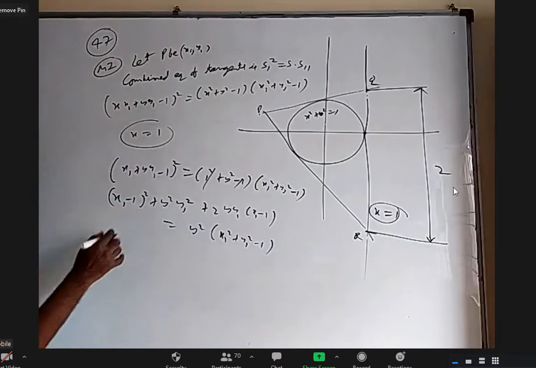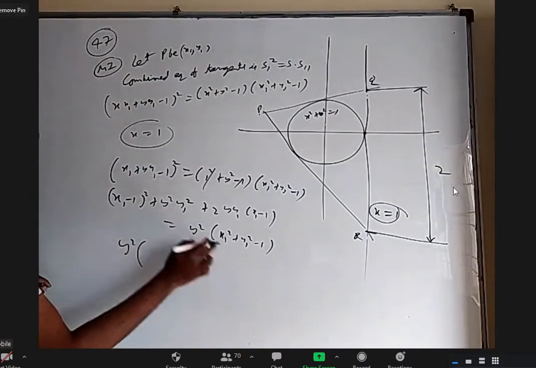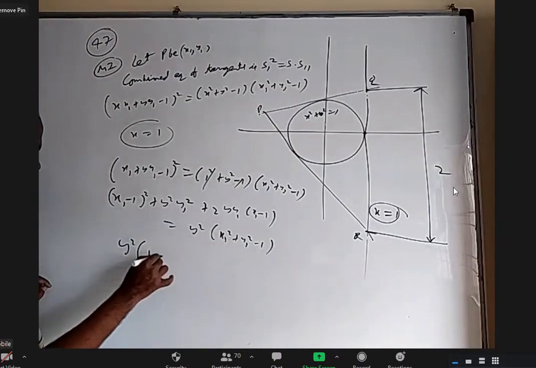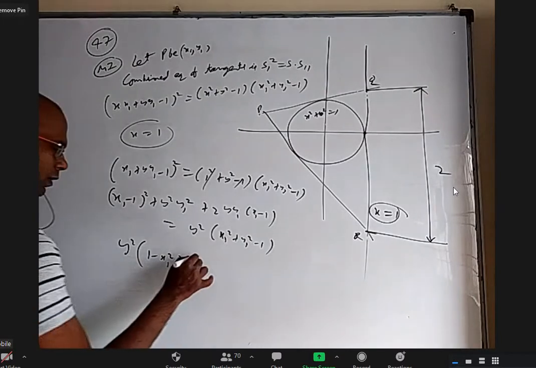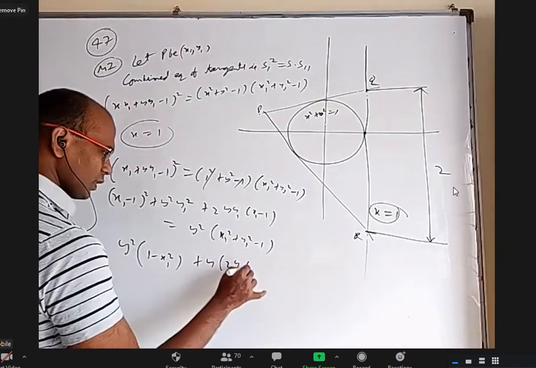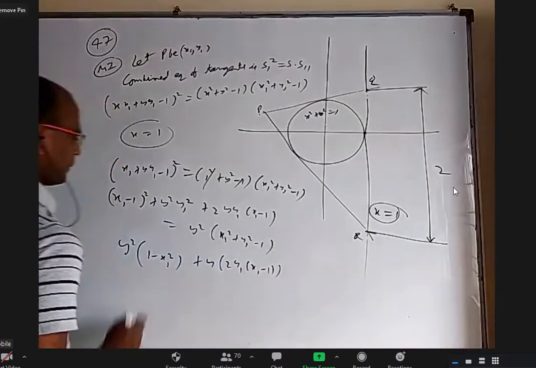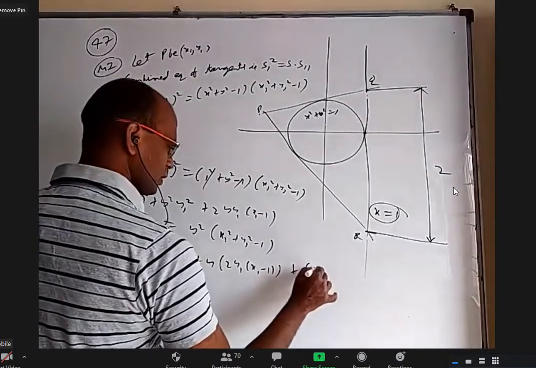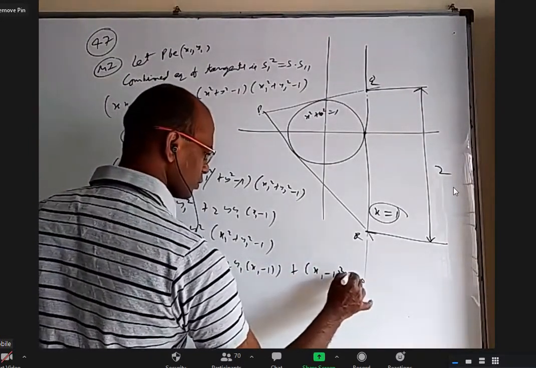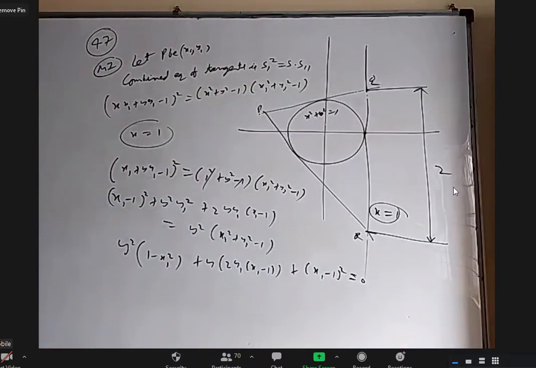If I bring everything to one side, I'll get a quadratic equation. The y1 square gets cancelled: y square into (1 minus x1 square) plus y into 2 y1 (x1 minus 1), and the constant is (x1 minus 1) whole square equal to 0. This is a quadratic equation with these two points as the roots, the y coordinates.